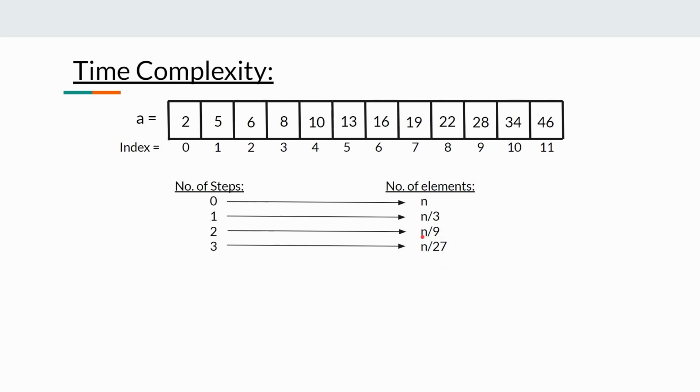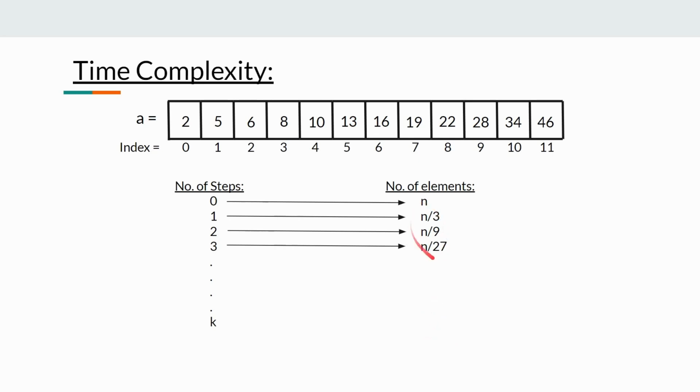So let's say after k steps, we found our answer. After k steps, we went down to one singular element, and that was our answer. But how can we find k in terms of n? We have to find that out first.